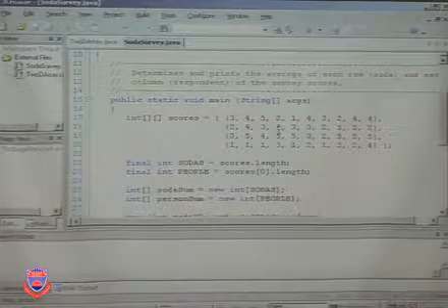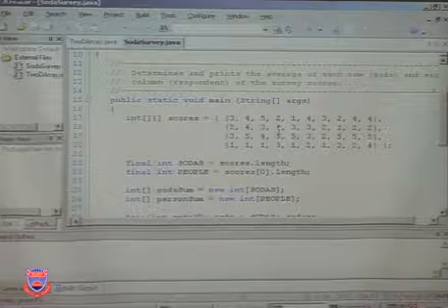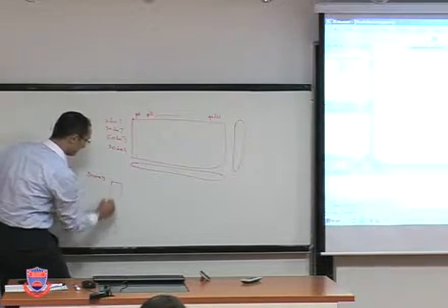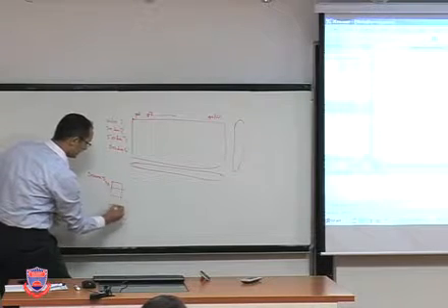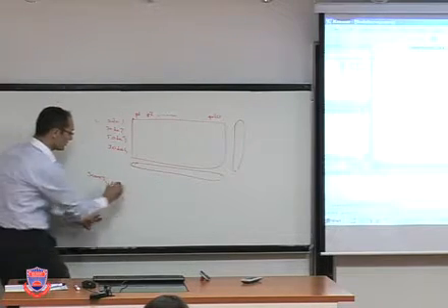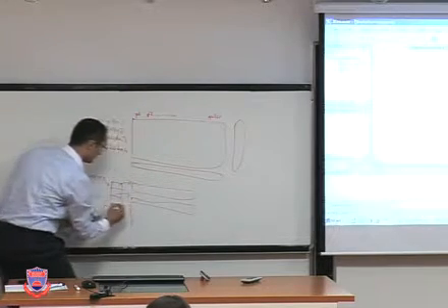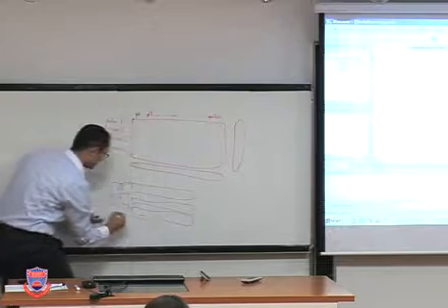So again, if you remember the array representation, the scores array is something like this, right? I have an array that points to an array of integers, which basically points to these individual integer arrays.